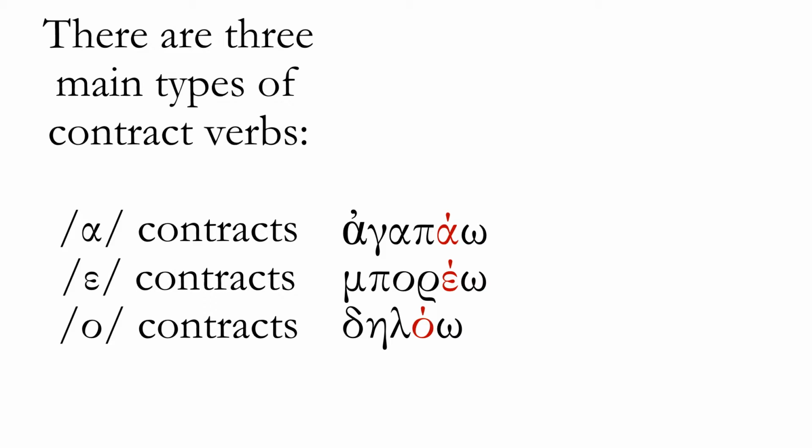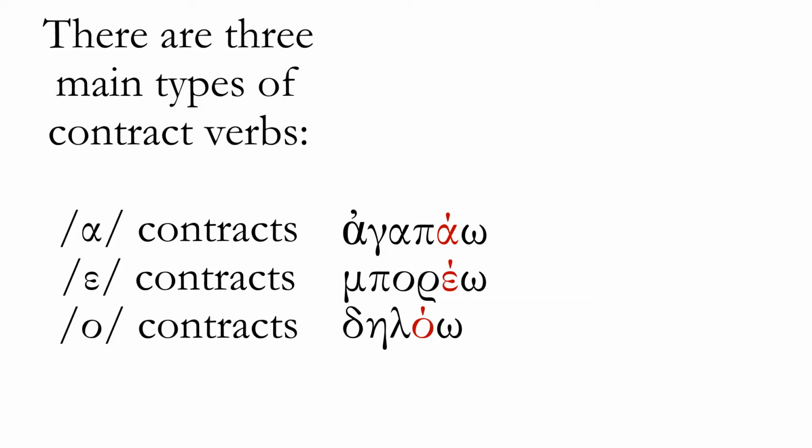Now, the idea was that verbs were originally written and said this way, but it's kind of inconvenient to say agapao, boreo, vilo. And that third one is really tricky because we've got to say the omicron and the omega, which are both o sounds. Now, some verbs still keep this old form, but many of them have been contracted.